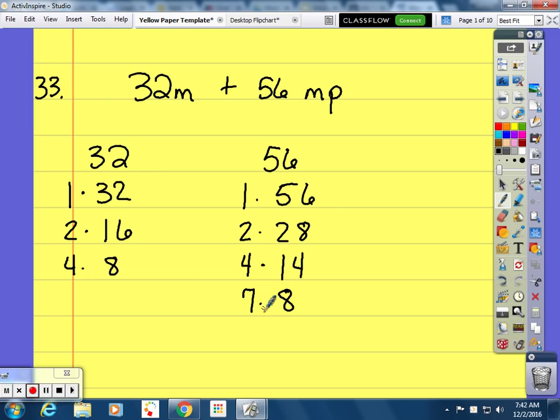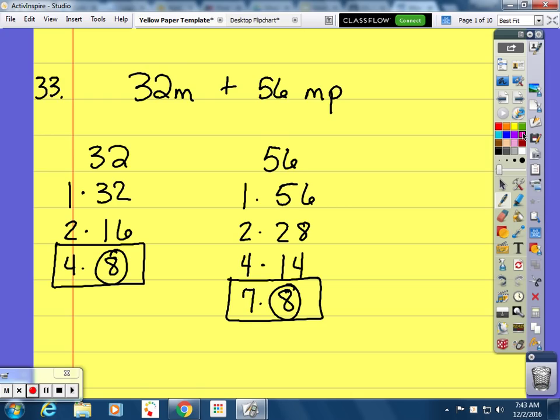There's no more numbers between these, so there's nothing else to choose. Now I see what's the largest thing that they have in common. What I'm looking for is an 8. Box this, because that's the factors that I use, which means that I can pull an 8 out. Oh, look, they share an M. I can pull an M out.